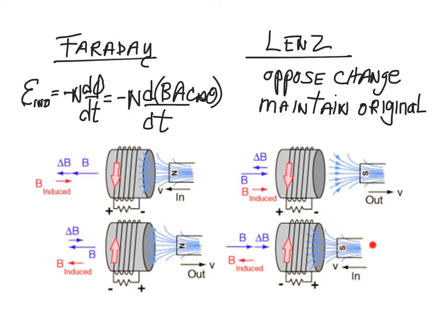Because the field lines enter the south pole. And so we're getting an increasing field along the x-axis. Since it's increasing, the induced EMF, the induced current, the induced field has to be in the opposite direction. And so we get current that's going clockwise, looked at from the right side.